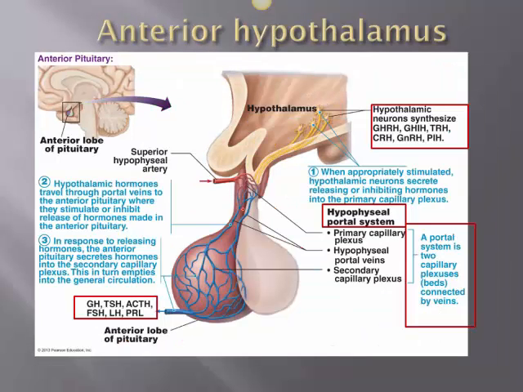Anterior hypothalamus. So let's look at the anterior hypothalamus. I will come to the actions of ADH and oxytocin later. The anterior hypothalamus produces a bunch of hormones, and these hormones are either releasing hormones or inhibiting hormones.